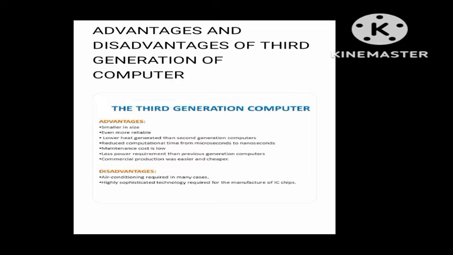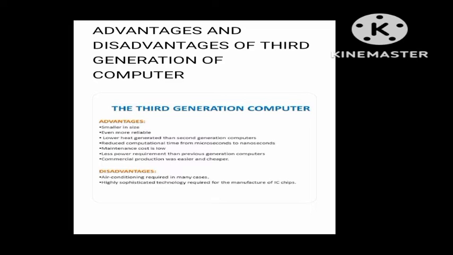Advantages: smaller in size, even more reliable, lower heat generated than second generation of computers, reduced computational time from microseconds to nanoseconds, maintenance cost is low, less power requirement than previous generation of computers, commercial production was easier and cheaper.